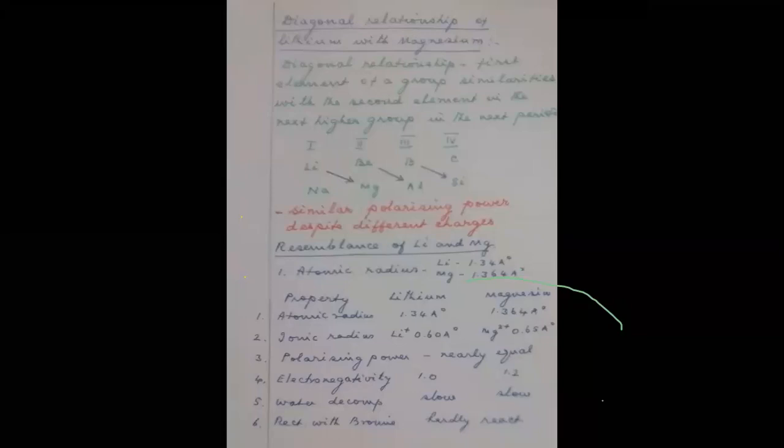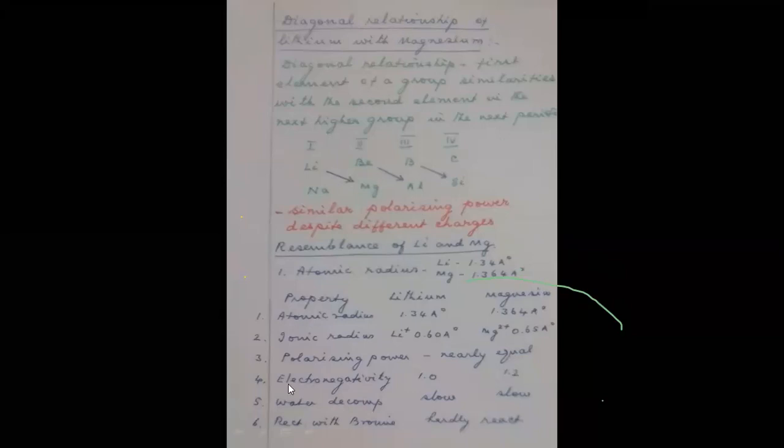The first element of a group having similar properties with the second element of the next higher group is called diagonal relationship. See, lithium having similar characteristics with magnesium, beryllium and aluminium having similar characteristics, boron and silicon having similar characteristics. These are all because of diagonal relationship.